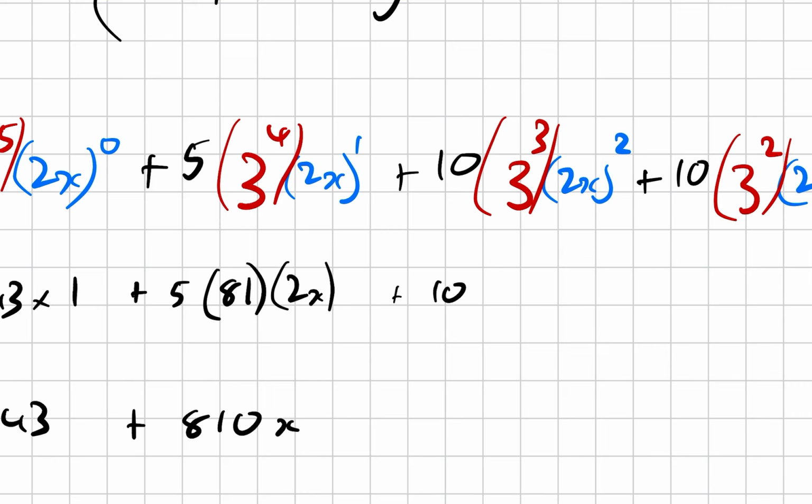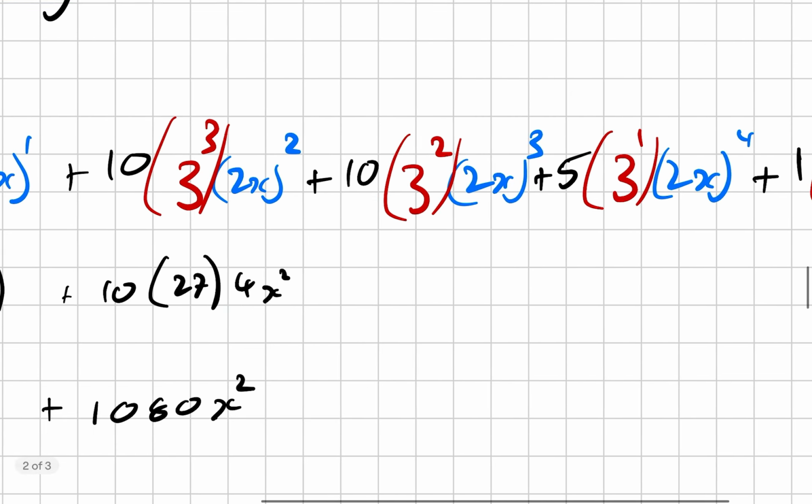This time I've got a 10 multiplied by 3 cubed, and 3 cubed is 27, multiplied by (2x) squared, which gives me 4x squared. Sorry, that's not an 8, that should be a 4. 2x squared is 4x squared. So I've got 10 times 27 times 4x squared, which in total will give me 1080x squared.